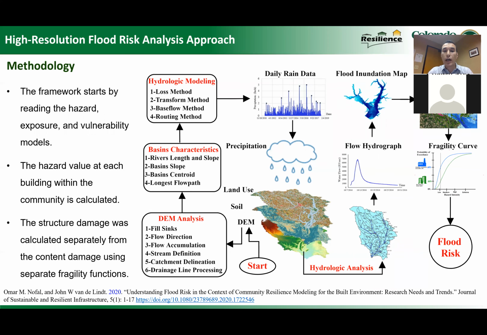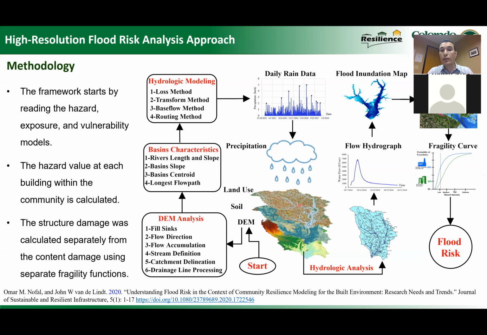Basically, our model starts with multiple analyses on the digital elevation map of the study area to account for the basin characteristics, including the river's length and slope, and the longest flow path. Afterwards, we developed hydrologic models using multiple methods like the loss and transfer method, the base flow method, and the routing method.